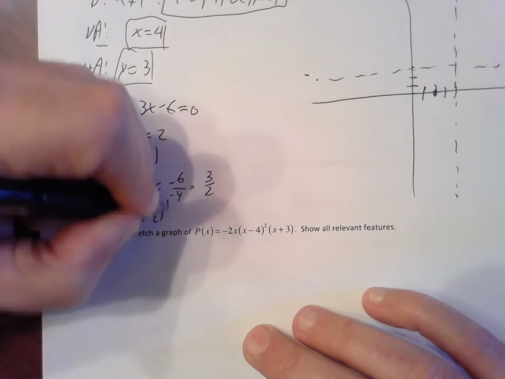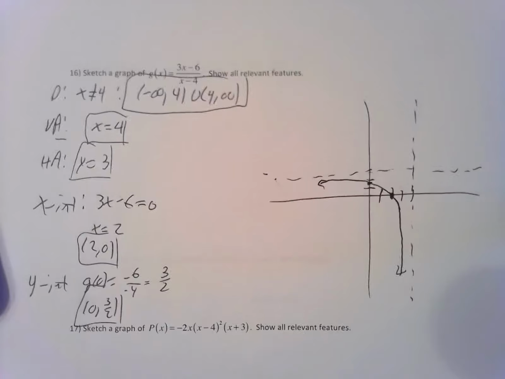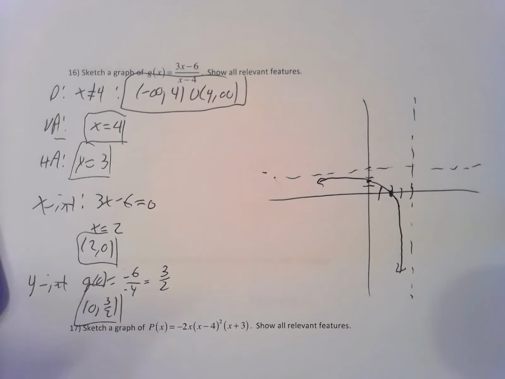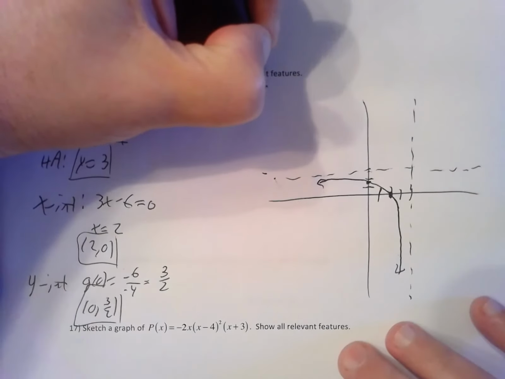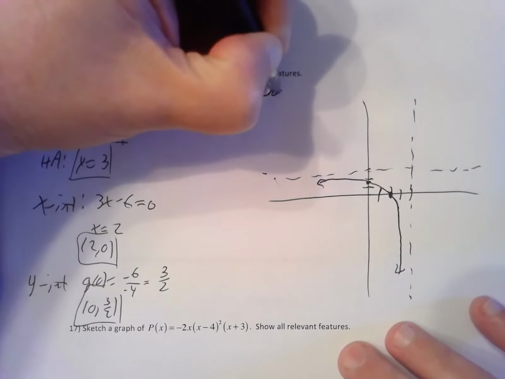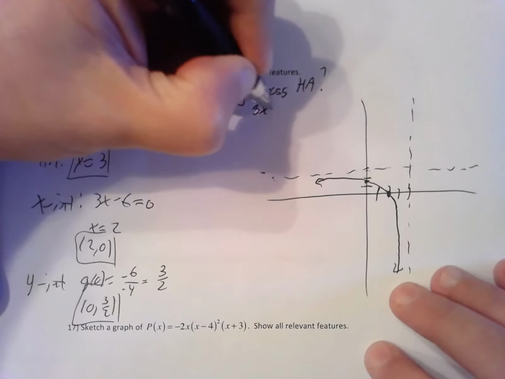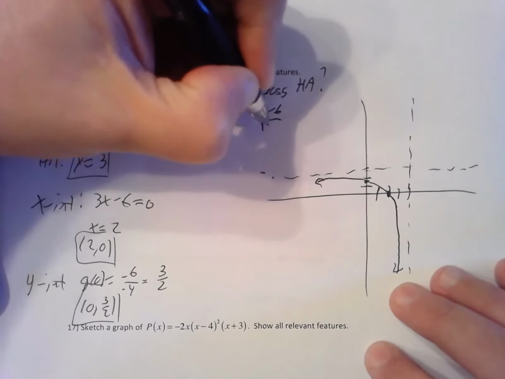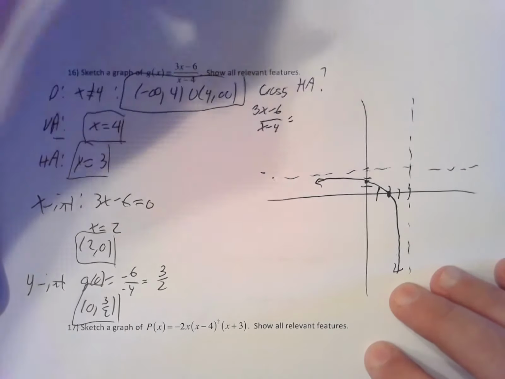I do technically need to check and see if I'm going to cross over the vertical or the horizontal asymptote. So let's do that here. Cross horizontal asymptote. I know I'm not going to, but let's check it. Set the function 3x minus 6 over x minus 4 equal to the horizontal asymptote, 3.